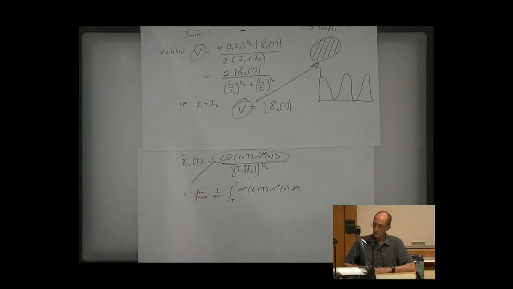So what does that look like? Gamma 1,2 times the square root of the irradiances. Well, it almost looks like a convolution, right?